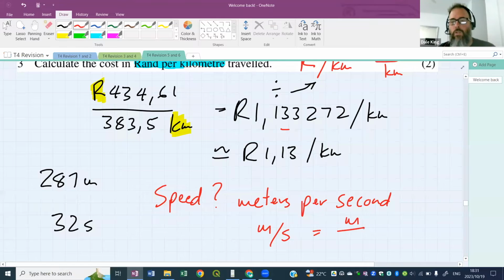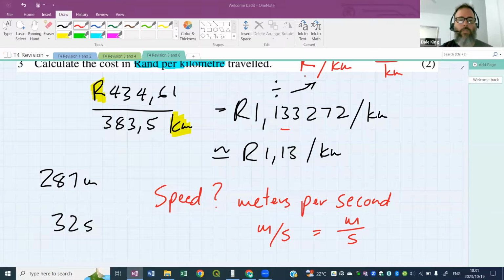So what you need to do is put your meters over your seconds. That will give you your speed. So the units that they give you in the question are actually a hint on what you need to do.